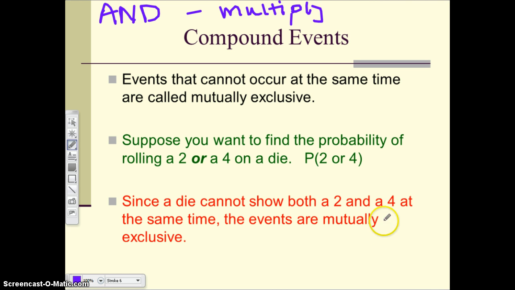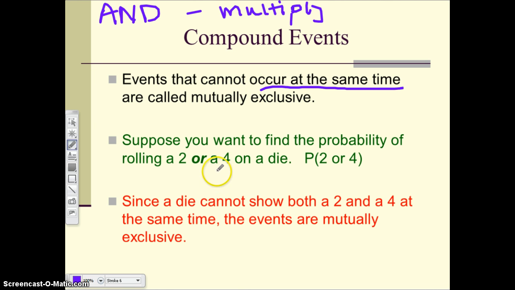What do I mean by mutually exclusive? What mutually exclusive means, if I do one thing, I cannot do these others. One of them is dependent upon the other. Okay, so yeah, they cannot occur at the same time.